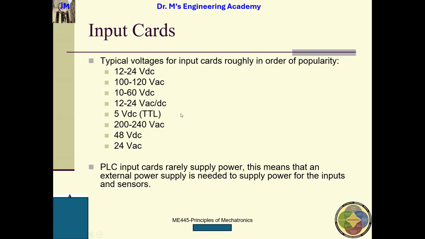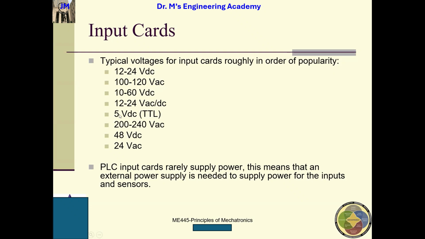But when you start from scratch to build a PLC system, you need to select your own input cards. This is a typical voltage for input cards, roughly in order of popularity. This one is the most popular one, which we are using now, the VDC. Then 100 to 120 VAC.